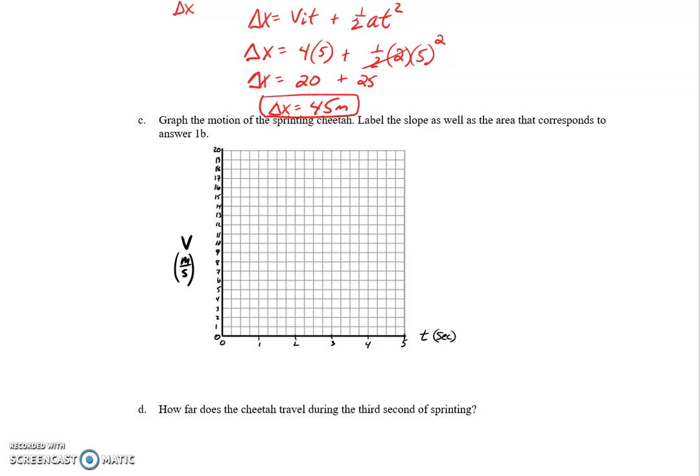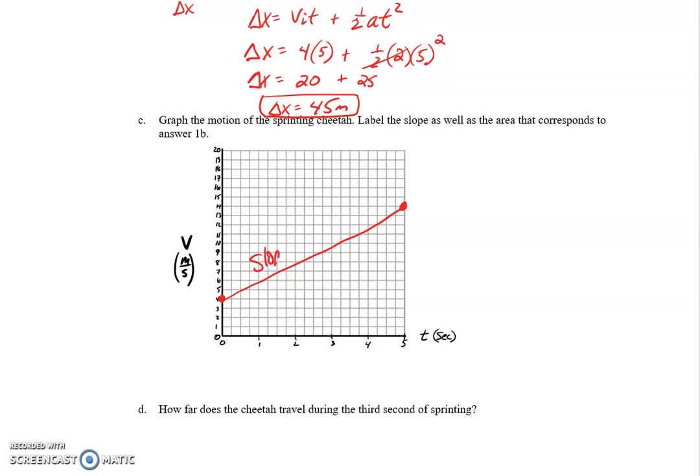Part C, graphing the motion of the sprinting cheetah, and I'm going to label the slope as well as the area that corresponds to answer 1B. So our cheetah was going along at 4 meters per second at the beginning of the problem. 5 seconds later, we solved for the final velocity to be 14. Connect those 2 points, and that shows that our cheetah was speeding up.